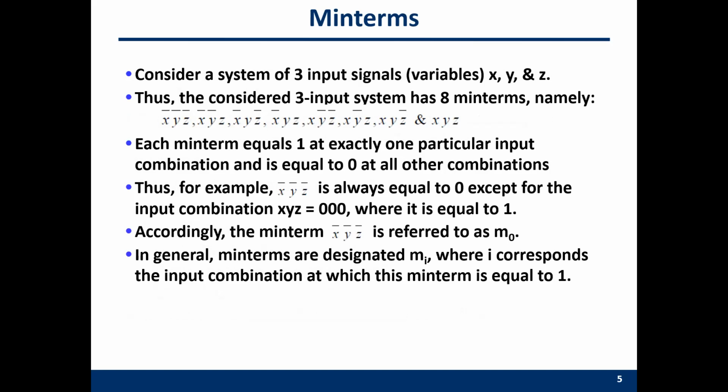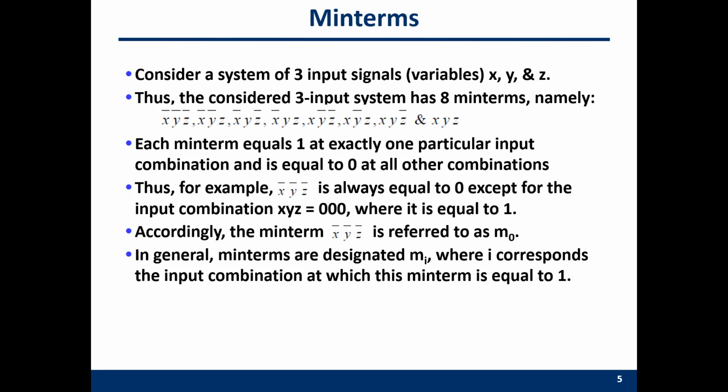So if we have 3 input variables, then basically we can have 8 minterms, which is 2 to the 3, which is 8. Each minterm is related to one particular input combination and is equal to 0 at all other combinations.